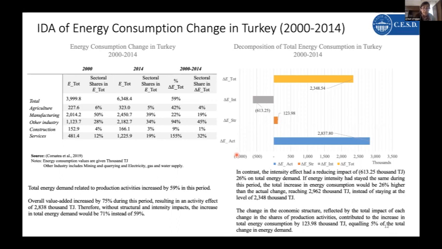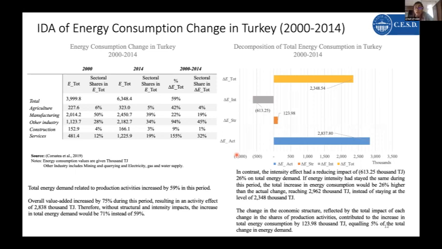On the other hand, the increase of energy consumption in the manufacturing industry has been limited with 22%. That's why the share of manufacturing in the total energy consumption decreased from 50% to 39%.